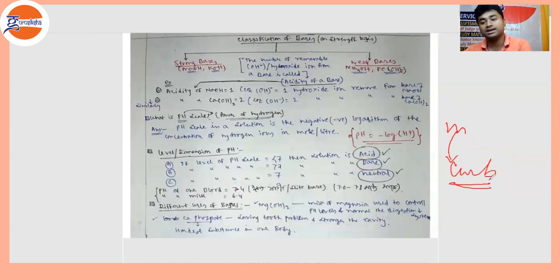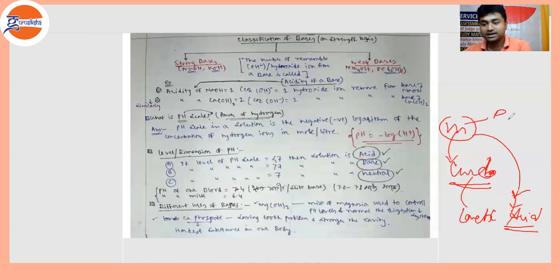You all know curd is produced from milk, and curd is nothing but lactic acid. So definitely milk is an acid. You can understand my point. So the value of pH is definitely 6.4 because it is acid. Okay, you got my point.